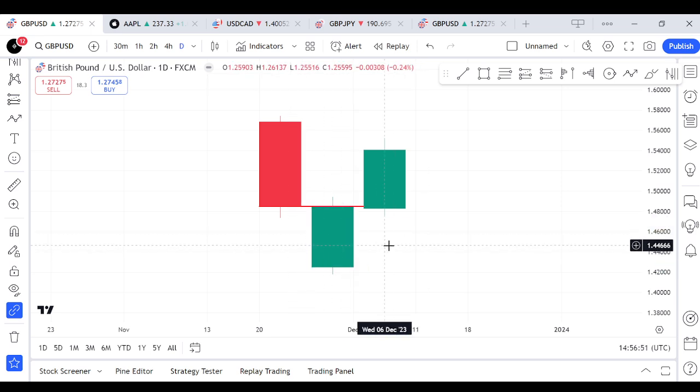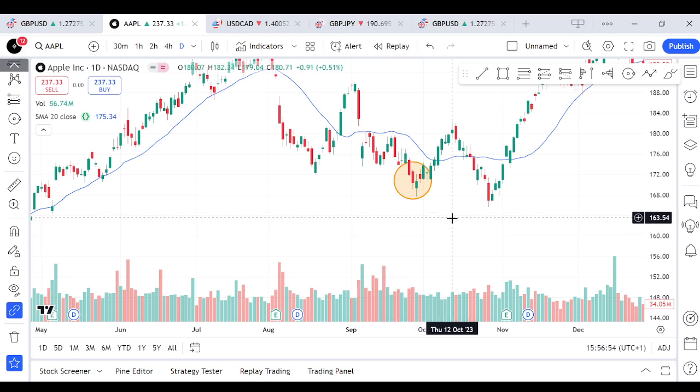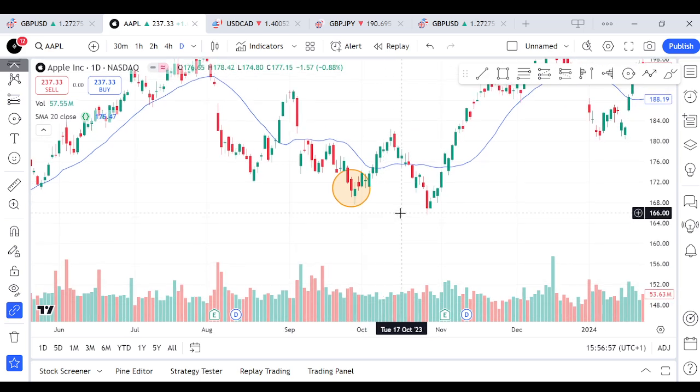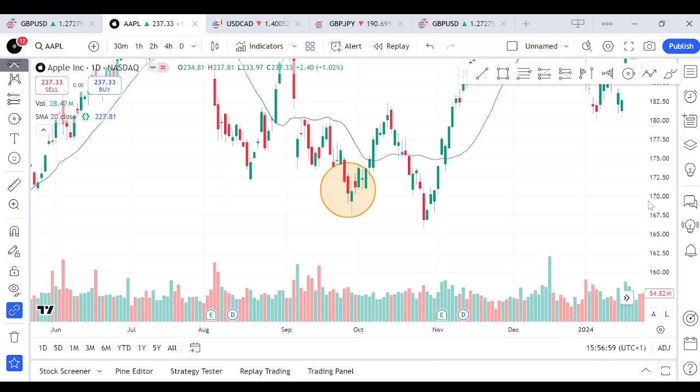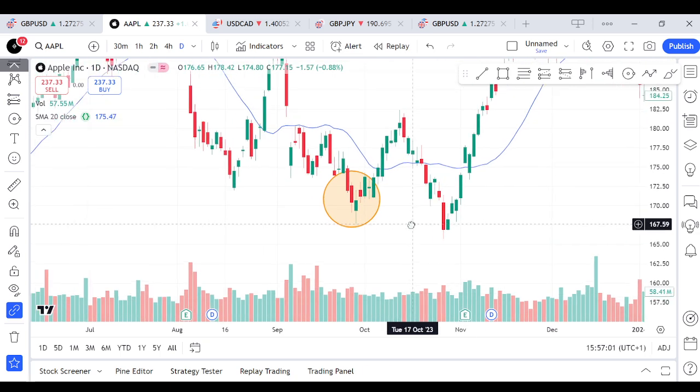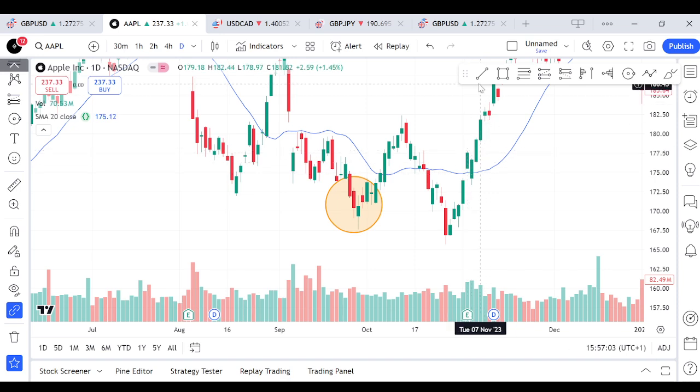So let's hop on the charts and look for this. This is Apple stock on the daily time frame, and I'm going to try to look for the bullish meeting lines.